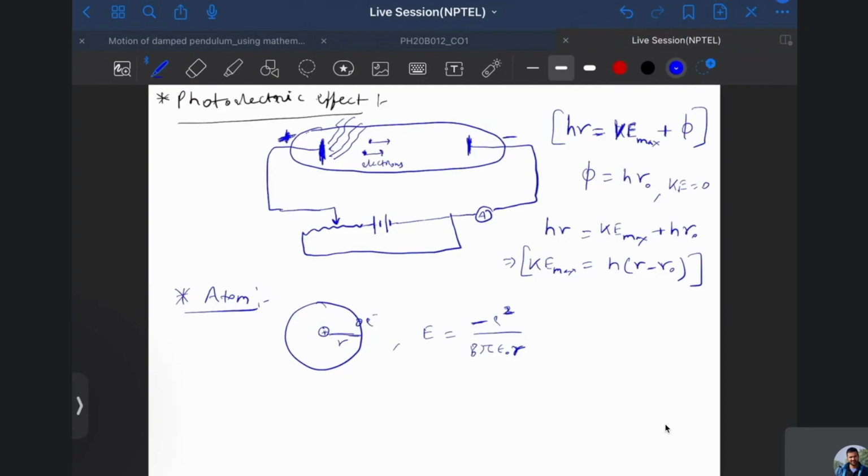And if you were to take this electron out of this atom, then you have to provide an energy equal to this positive energy, correct?